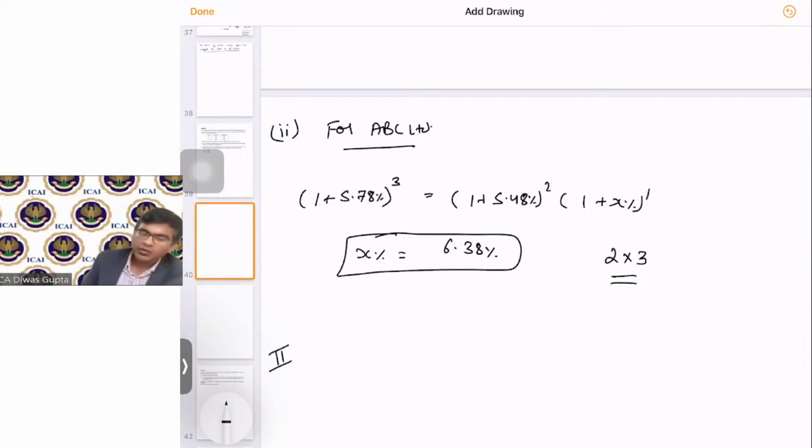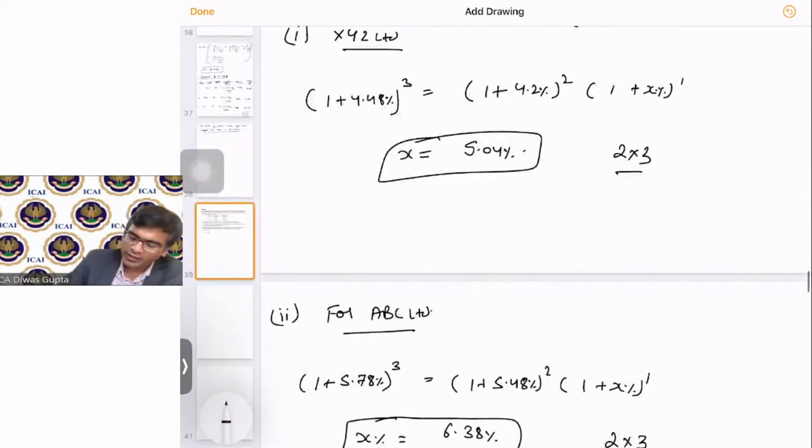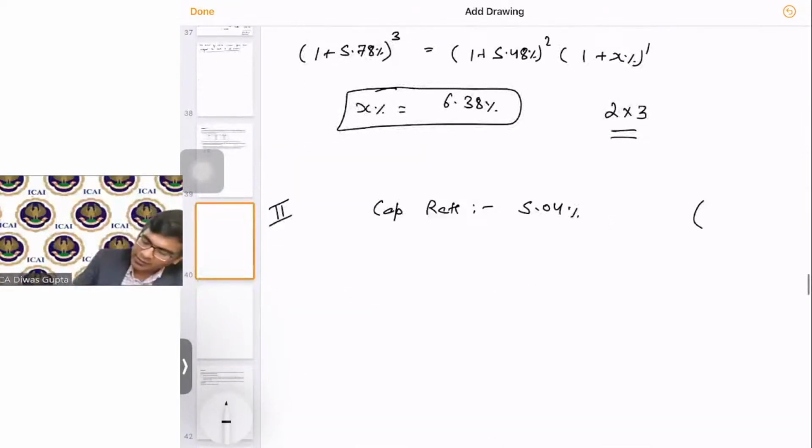Now, the second part of the question says that there is a cap option which would be given at 5.04, correct? Because 5.04 we have calculated from here. And the second part is only for XYZ Limited. Premium is already given in the question, 0.1%. Notional amount 100 crores.